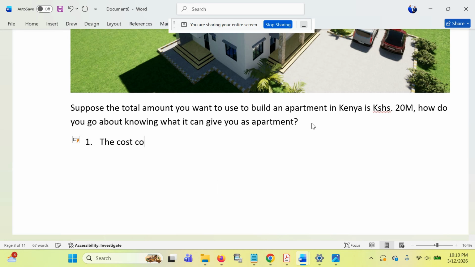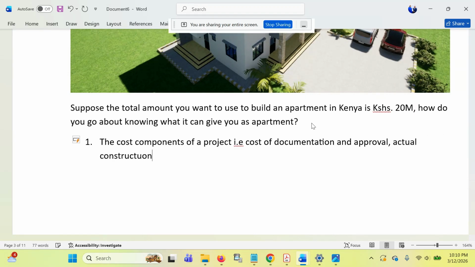So suppose you want to do an apartment and your budget is 20 million and you want to know which kind of a house this can give you. So how do you go about it? So number one, you need to understand the cost components of a project.